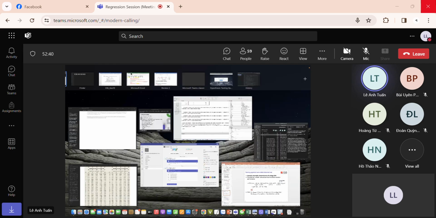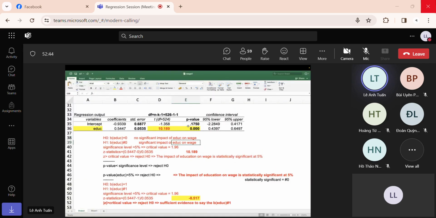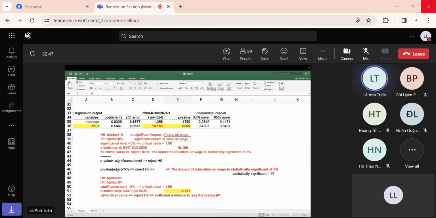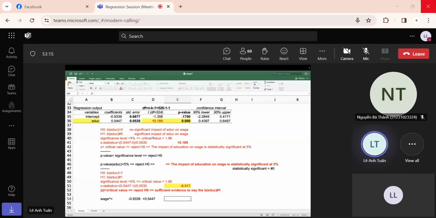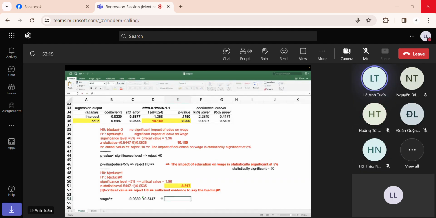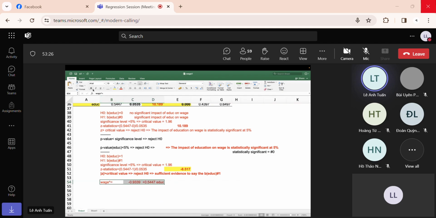For example, if they ask you to transfer this result to the equation form, we have the expected value of weight equal to the intercept, the constant you have, and then the coefficient on education, 0.5447, times education.